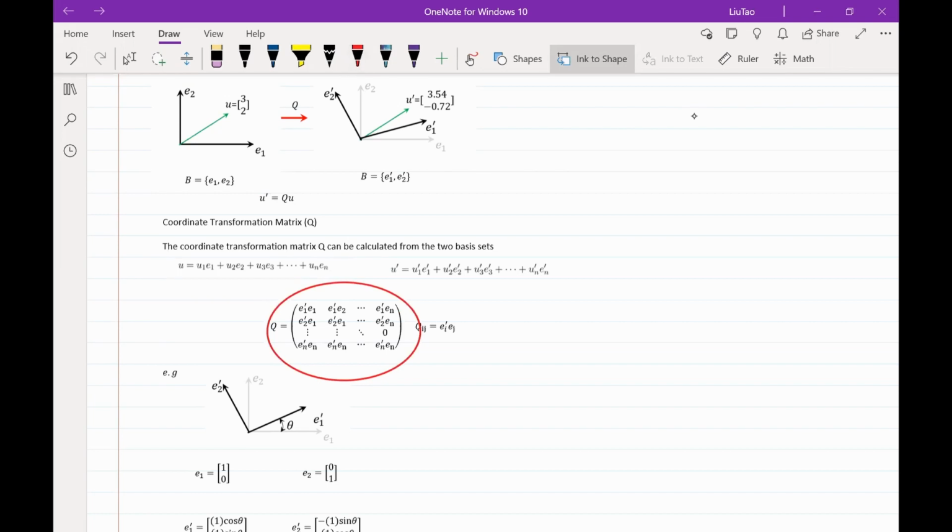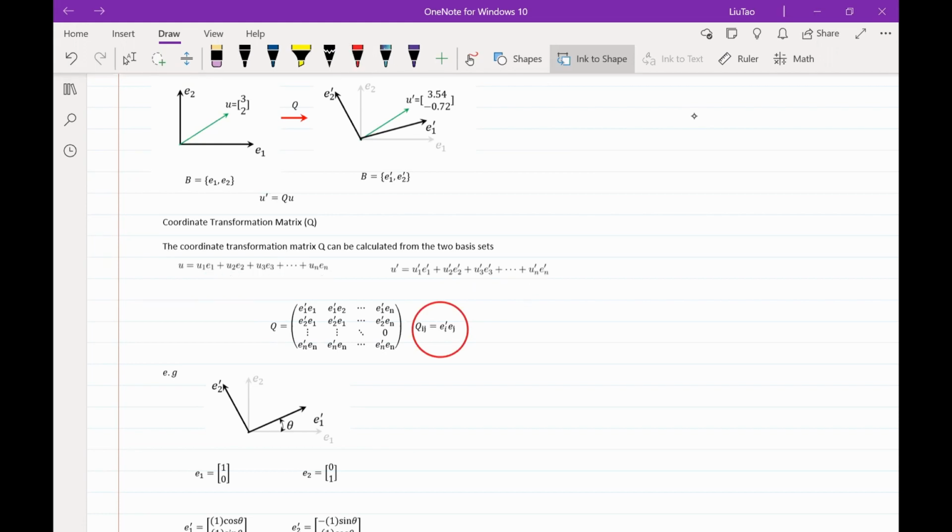So now let's take a look at its component form, Qij. Qij is equal to Ei prime, which is from the second basis set, times Ej, which is from the basis vectors in the first set.